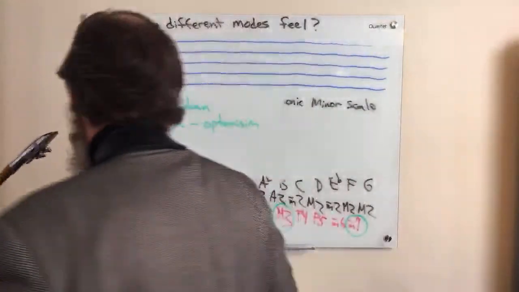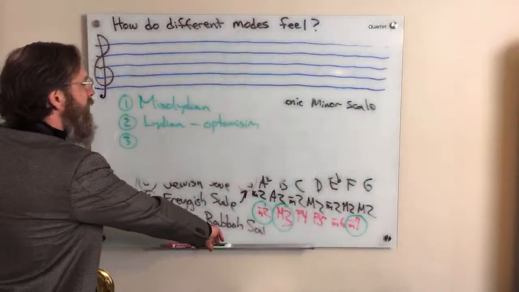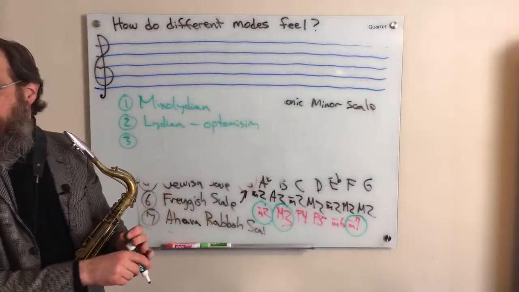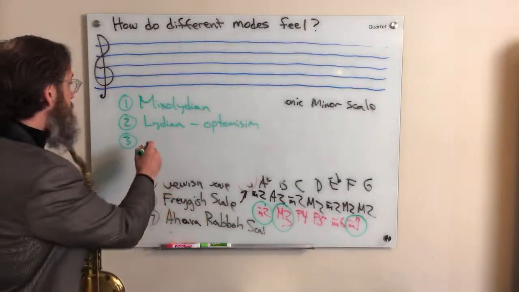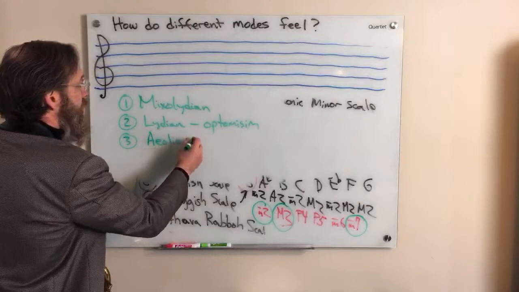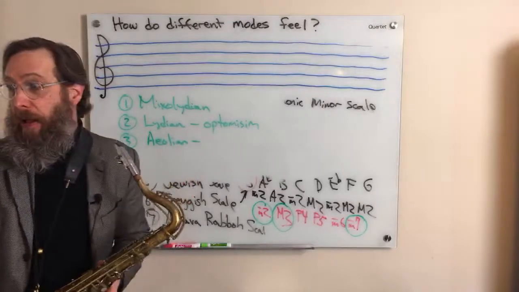That definitely feels very different to me. Again, these are all using the same collection of pitches. But that was Aeolian, which is our normal minor scale.